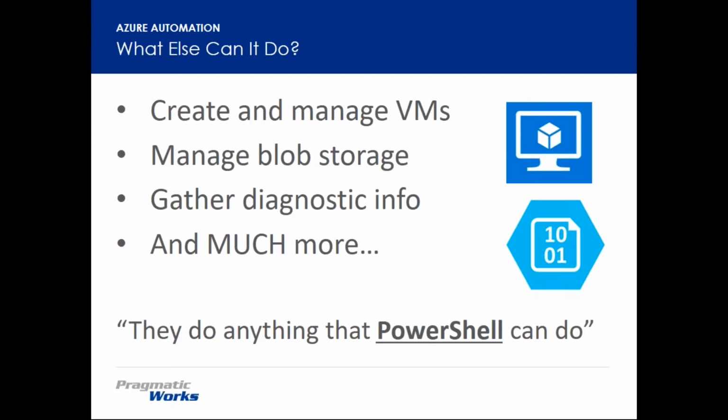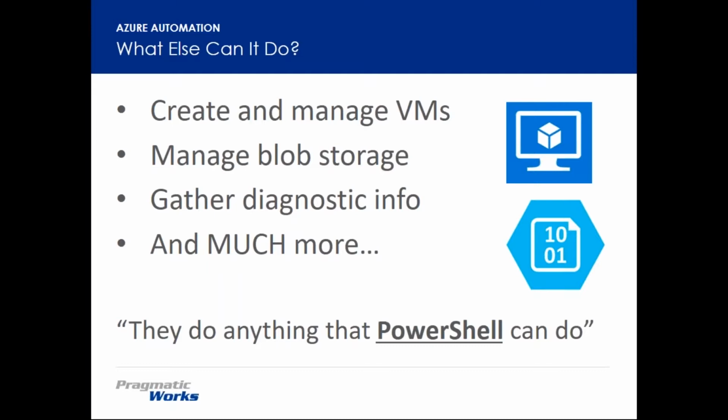If we're using blob storage, we can manage our blob storage, so we can perhaps remove blobs that are older than a certain date, or upload new ones from our local file system. We can automate a lot of processes dealing with loading or removing, just managing your blob storage.